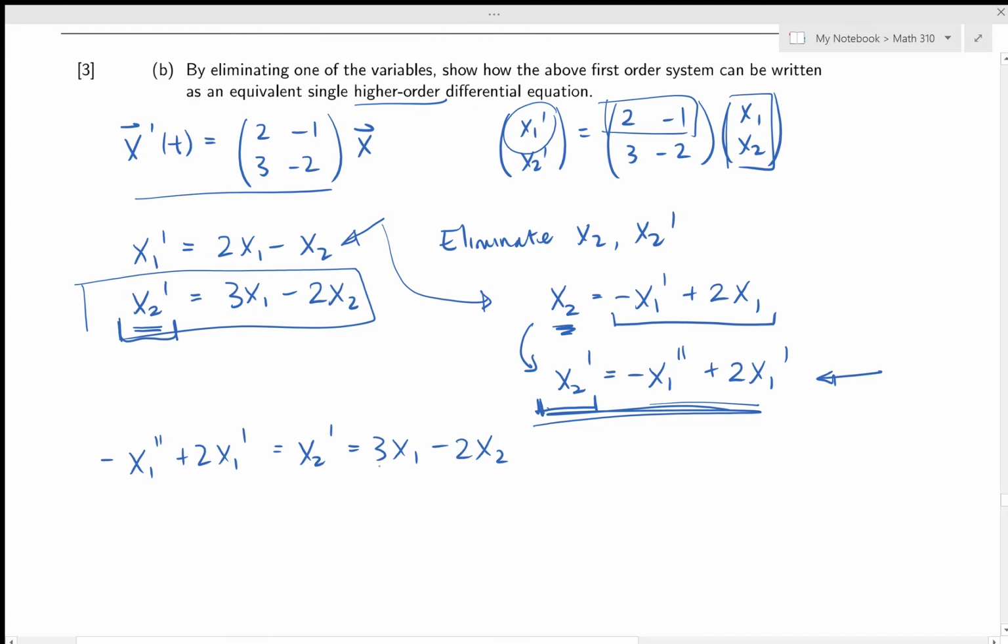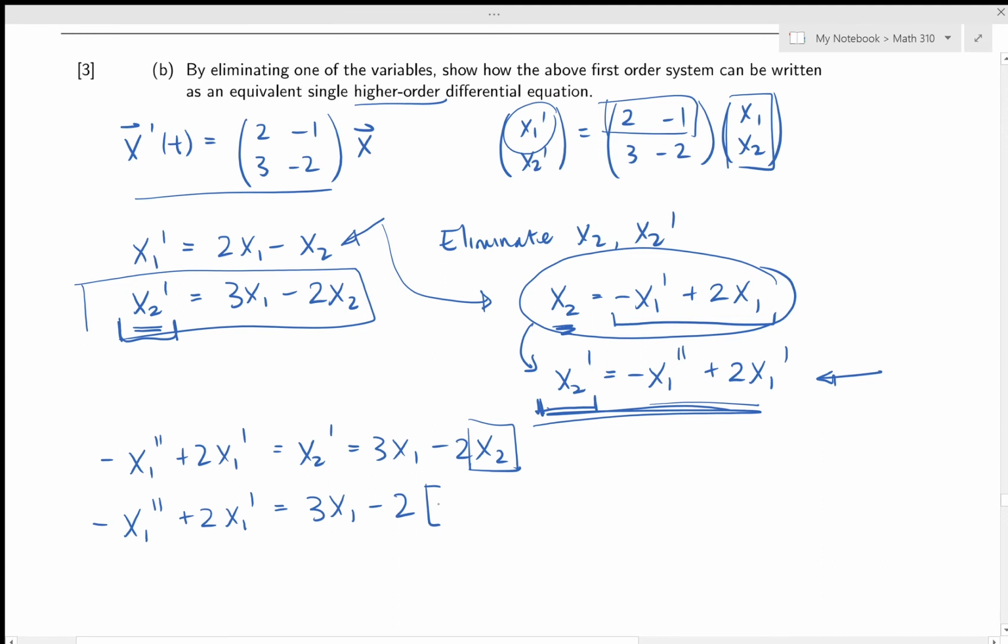So now I've gotten rid of x2 prime, but I have an x2, and I'm going to get rid of that using this statement. So minus x1 double prime plus 2x1 prime is equal to 3x1 minus 2 times x2, and x2 is minus x1 prime plus 2x1.